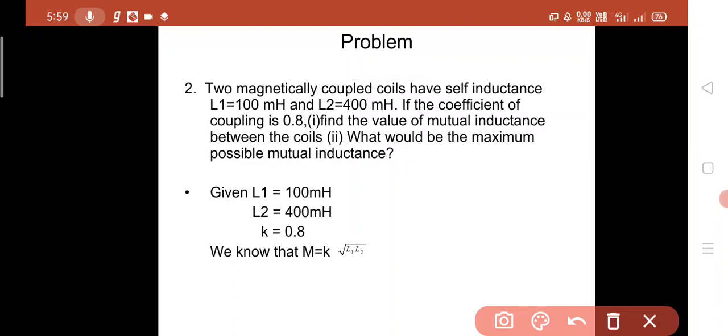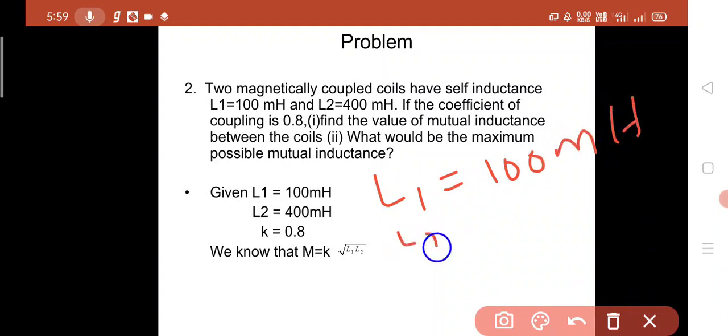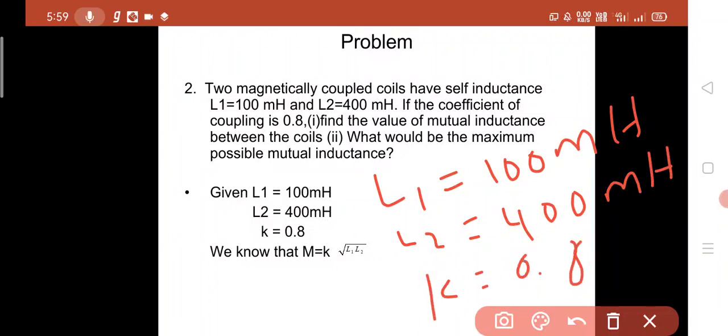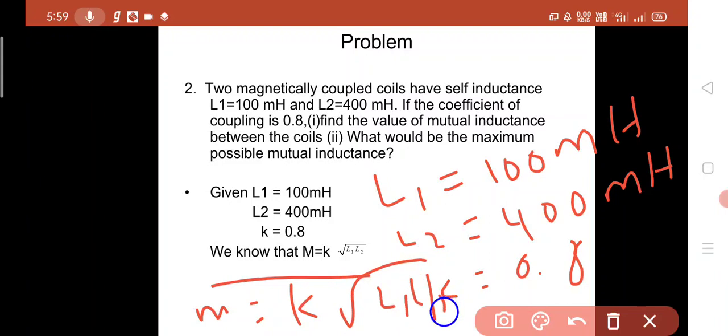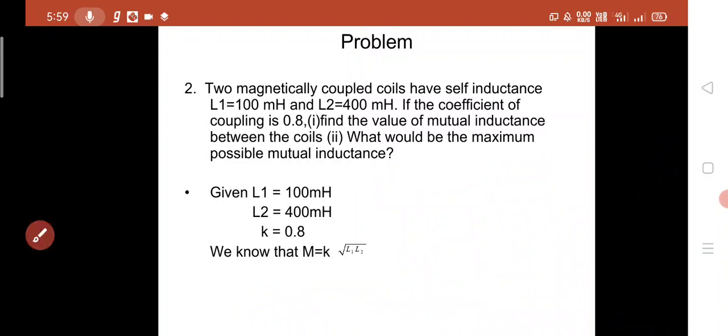Okay, write down given data. L1 is equal to 100 mH, L2 is equal to 400 mH, and K is equal to 0.8. We know the formula: M is equal to K into under root L1 L2.